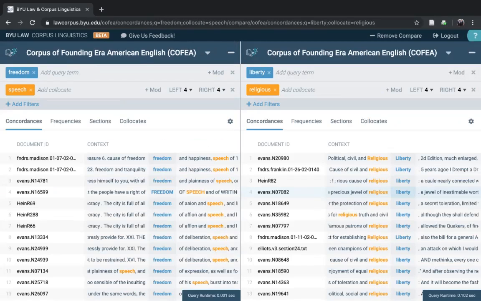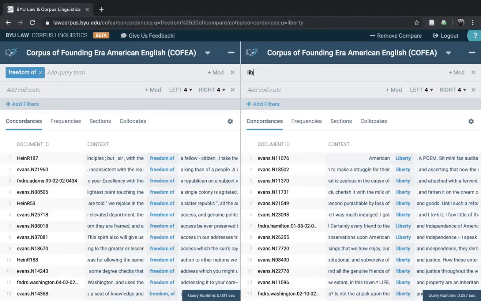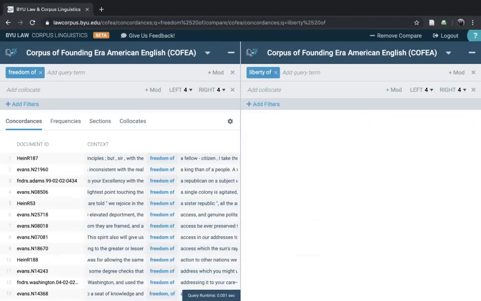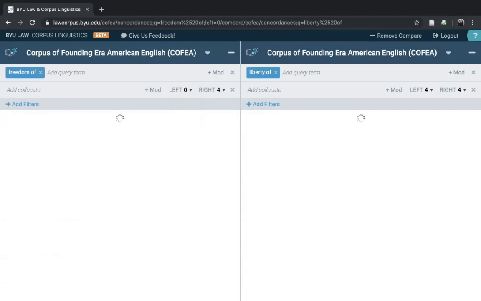Now let's go back to our collocates list and refine our search a bit. Say we are particularly interested in which nouns follow the phrases freedom of and liberty of. So we'll get rid of those and type in freedom of, liberty of, and then let's modify this so that we're looking only to the right.